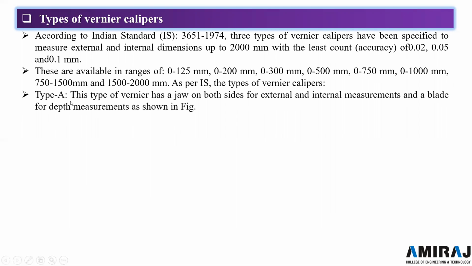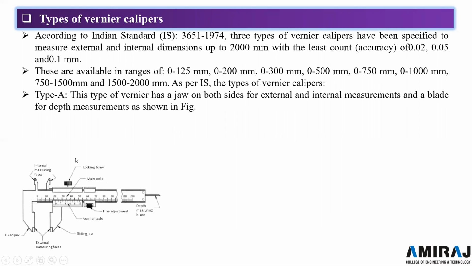So the first one is type A. In this type of vernier you can see the jaws we have seen earlier, the external jaw and internal jaw for internal and external measurement, and one blade for depth measurement.